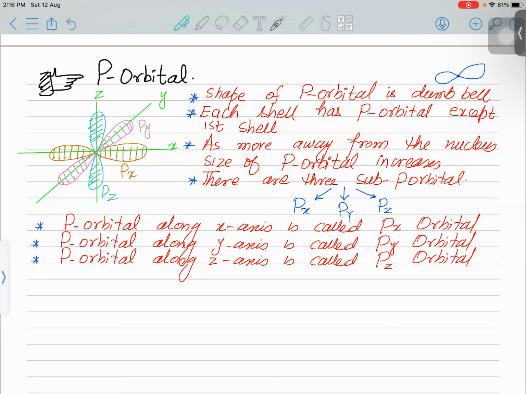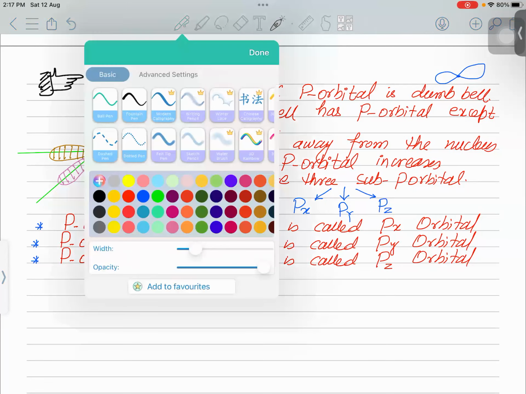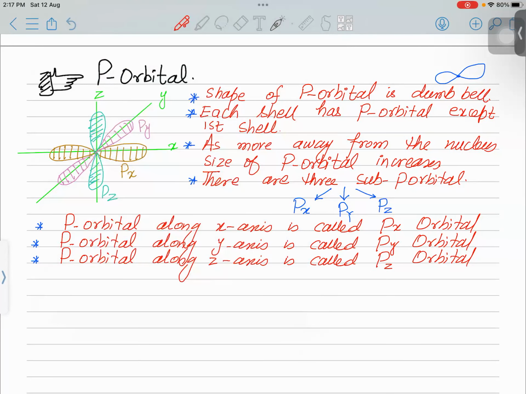Can you tell me how many electrons an s orbital has? So 2 electrons. But p orbitals have a maximum of 6 electrons.